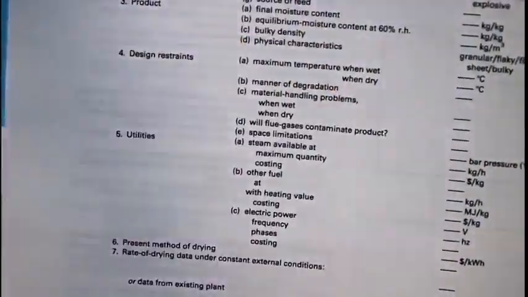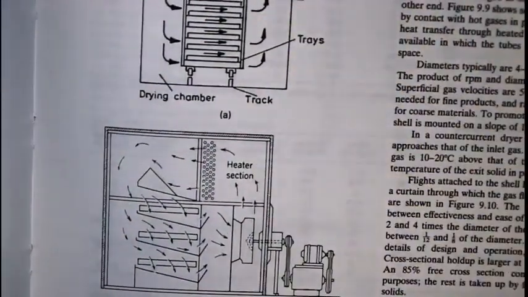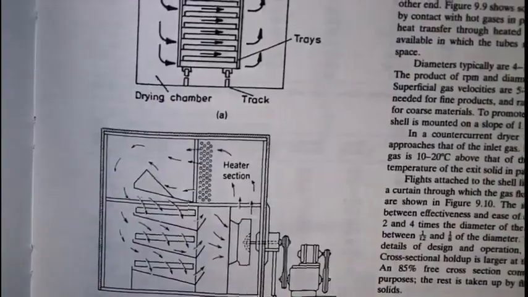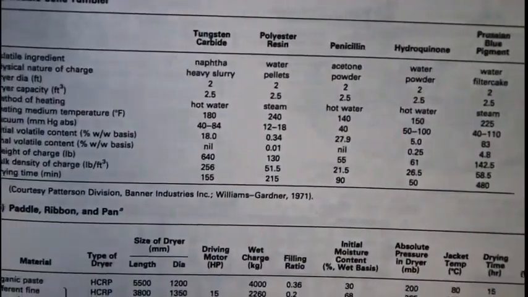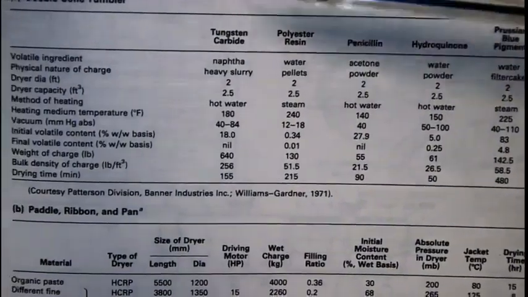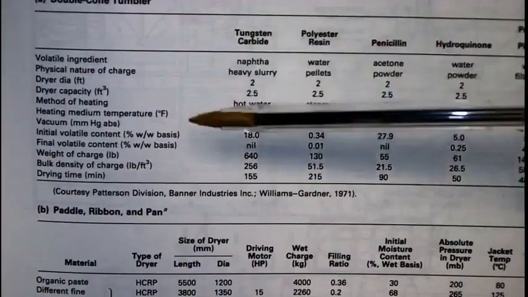So then if we go tiptoeing through this book again, you have the design specifications for a dryer, what you need to have done for a tray dryer. Here we have various tray dryer types, right? And then suddenly we have performance data. Say we take an agitated batch dryer.